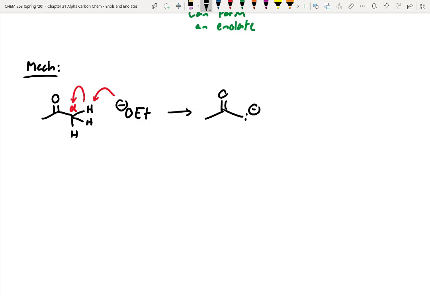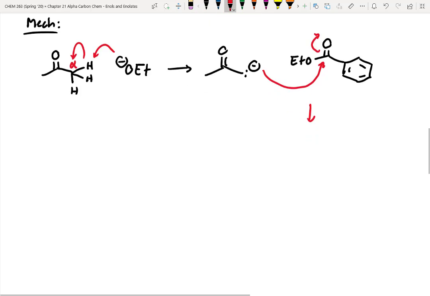All right, now we'll throw in our second ester. So our other reagent we said can't form an enolate, but it can act as an electrophile, right? So in this next step, I'm going to go ahead and kick up electrons to that oxygen.